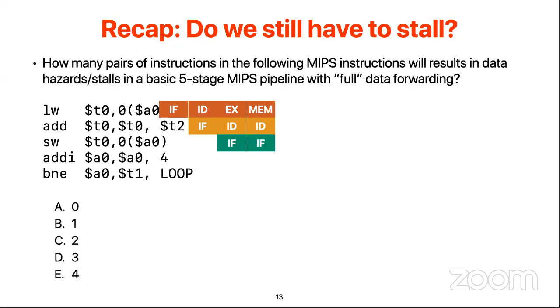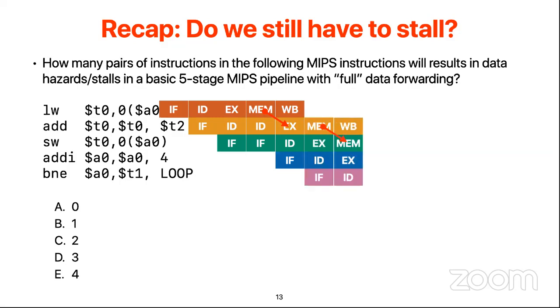Because add did not leave its ID stage, store word cannot enter the ID stage either. So both of them have to stay at the same stage, and no one is in the execution stage, because add cannot enter its execution stage. The input for its ALU is only ready in the next cycle, after the memory outcome can be forwarded to the ALU of the add instruction. That's how you draw the pipeline.